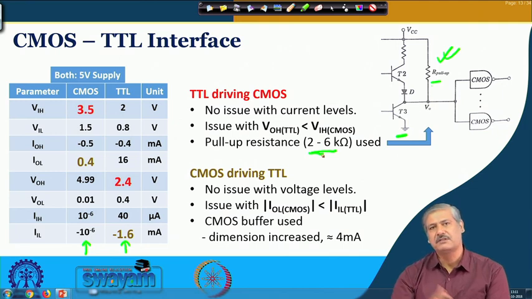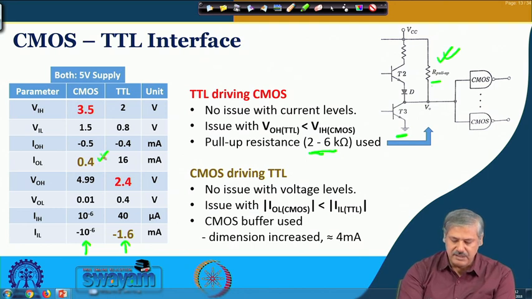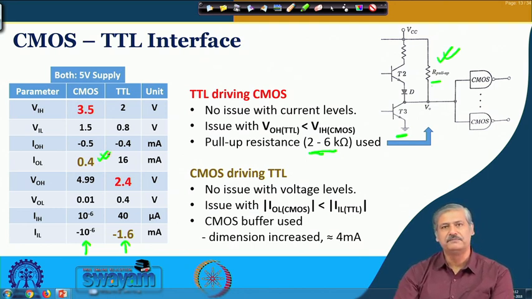So this is what is required, and now when CMOS drives TTL, CMOS is this side, TTL is the load side. Again if you compare the voltage levels, you will find that there is no issue with the voltage levels. The issue is the current it can sink. In the case of IOL for CMOS, the current it can sink is 0.4 milliampere.